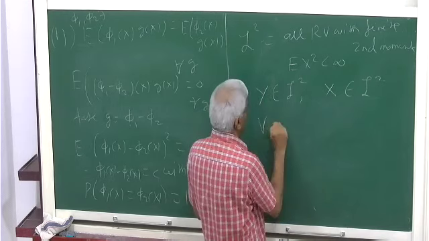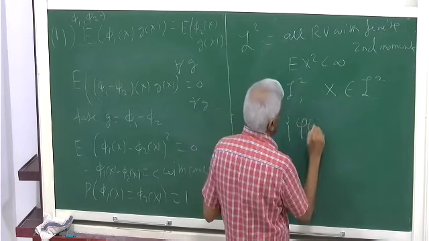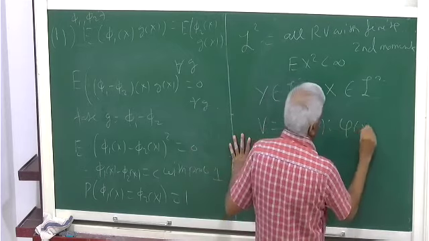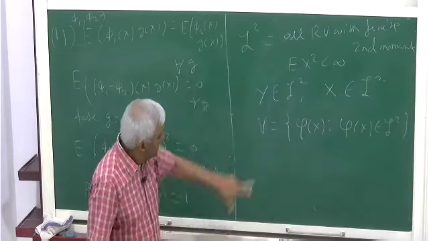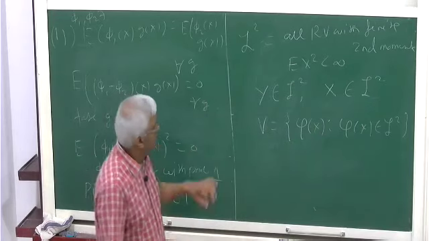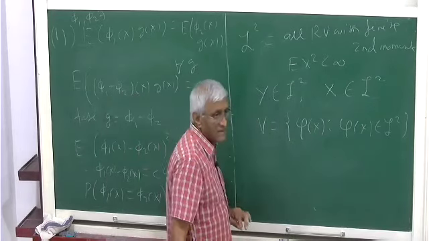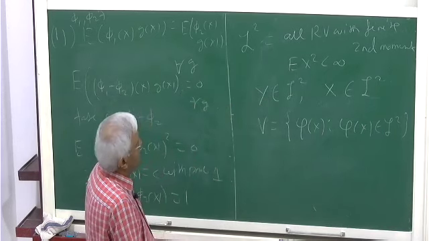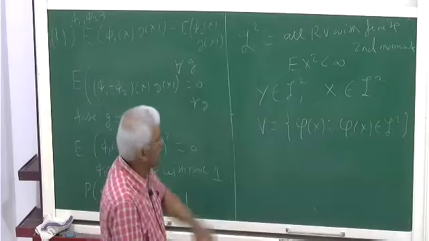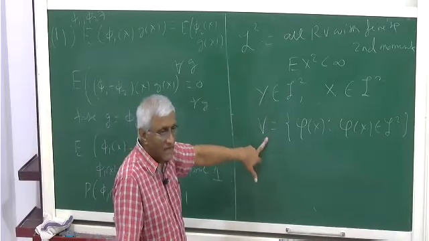V equal to all those phi of x such that phi of x is also in L2. Now this is a vector space. This is a vector subspace of this, right? And this is an inner product space.